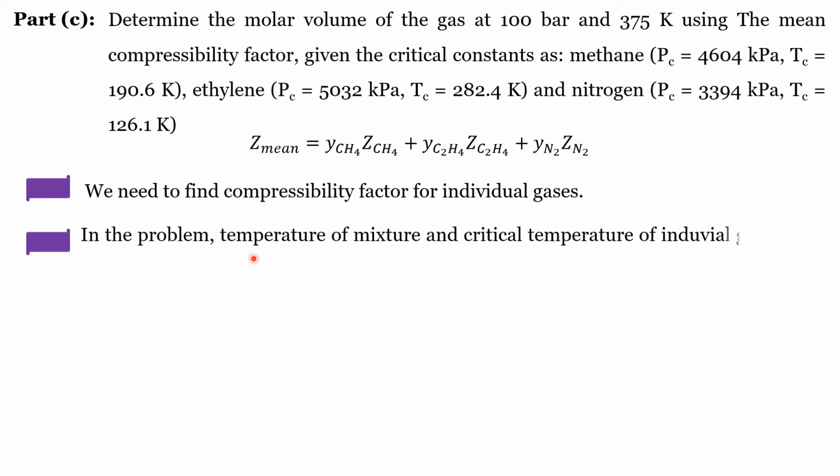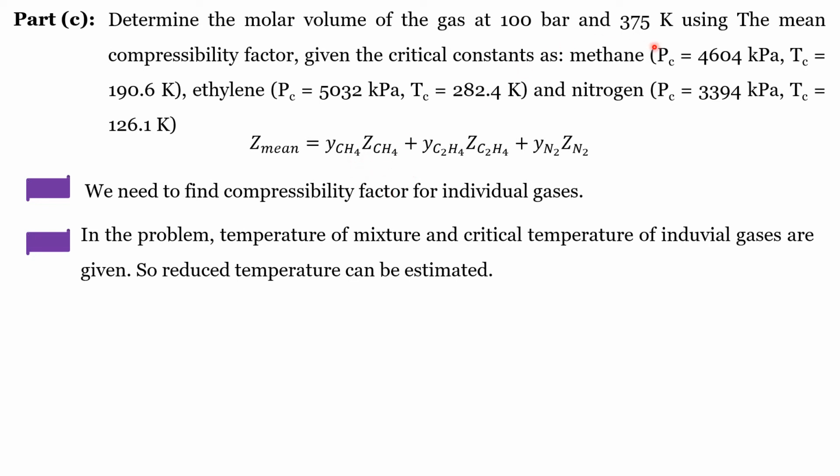Now in the problem, temperature of mixture and critical temperature of individual gases are given. So we can find out the value of reduced temperature, because in order to read the generalized compressibility chart, two values of reduced parameter should be known.